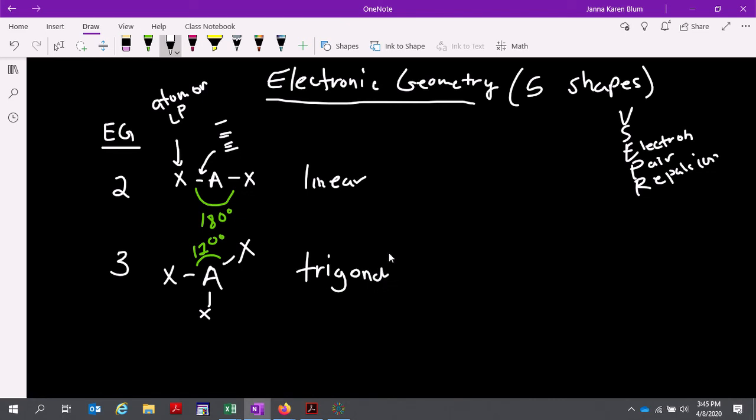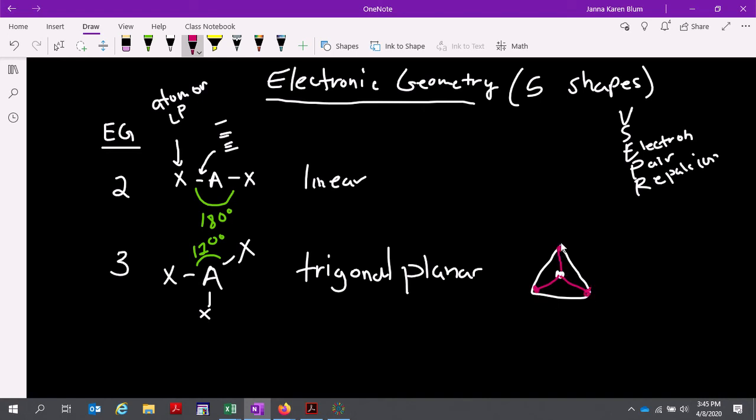And this gets the name of trigonal planar. And then I'll draw, freehand here, an equilateral triangle. And you can look at it like, here's my central atom. Here's my bonding or lone pair.